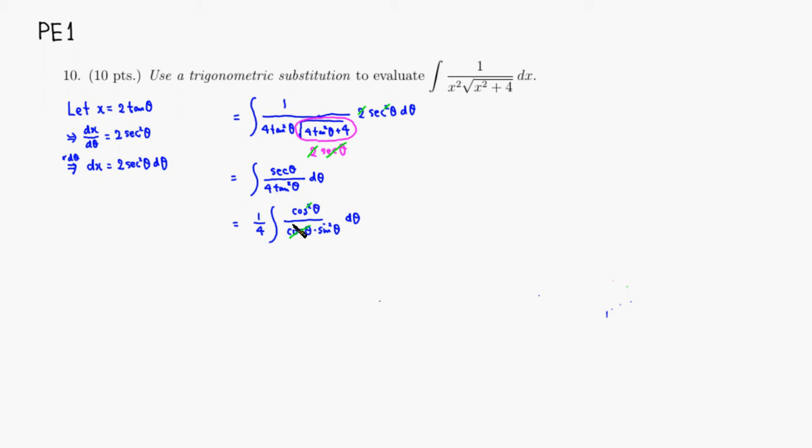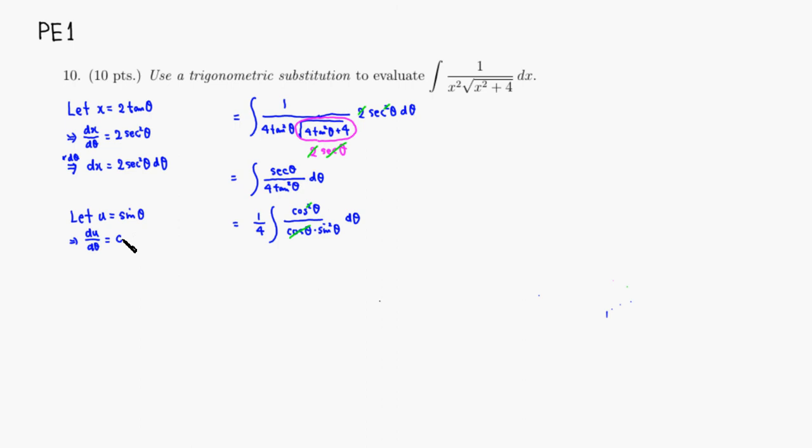Then we can use the regular u substitution to finish it up. So we let u be sine of theta. Then you take the derivative of u with respect to theta.